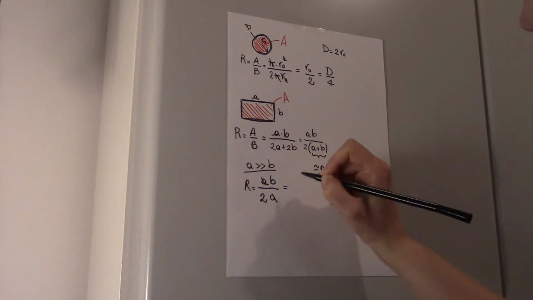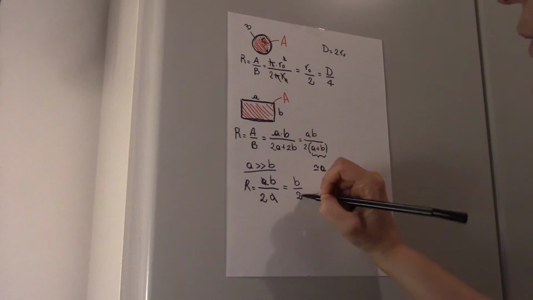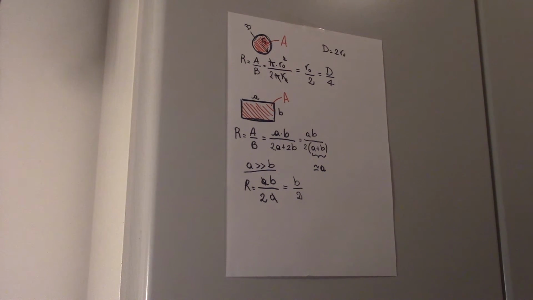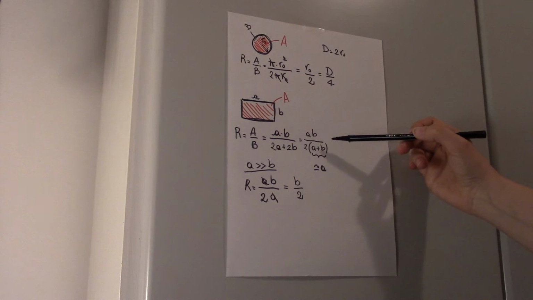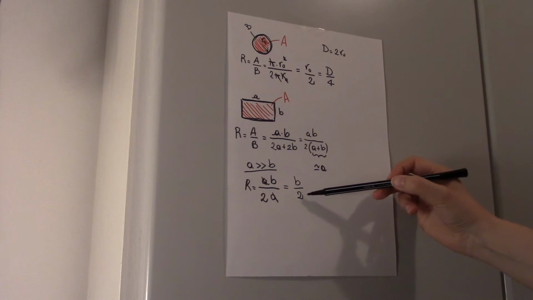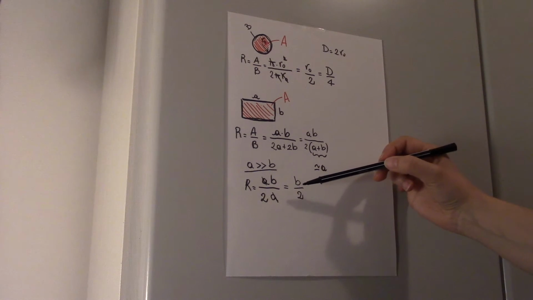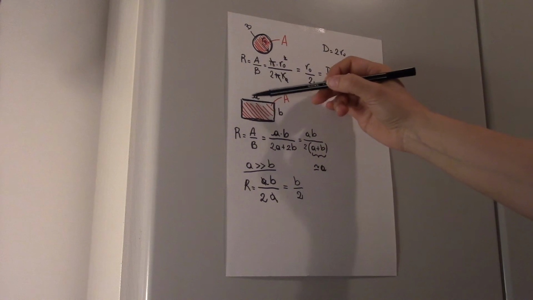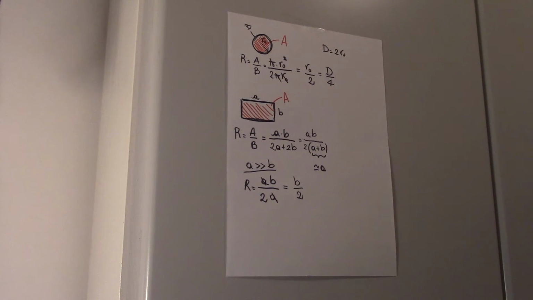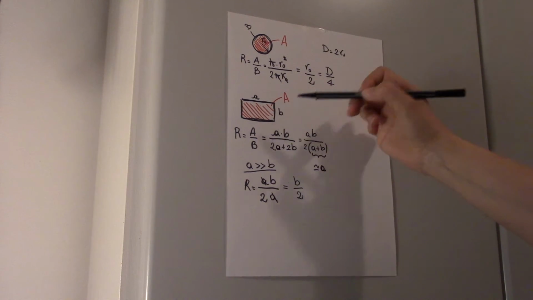Then simplifying, it's B over 2. And this is the hydraulic radius for a rectangular section where your length right here is really higher than this dimension.